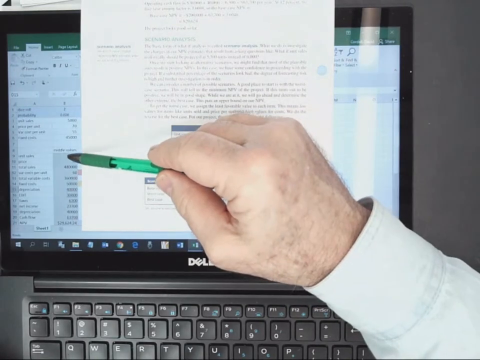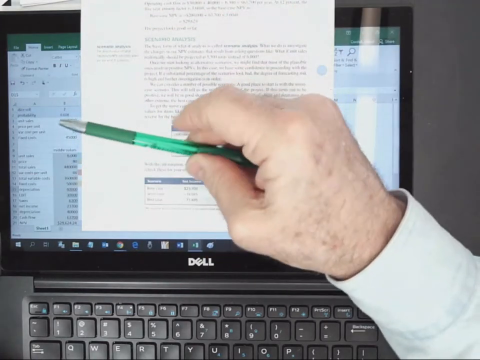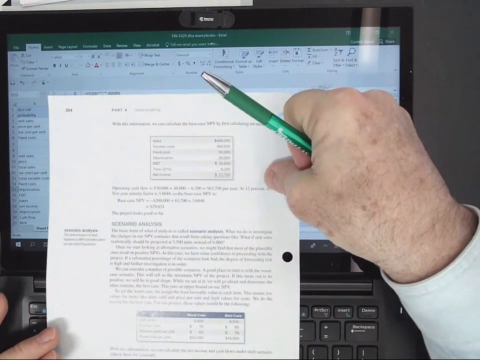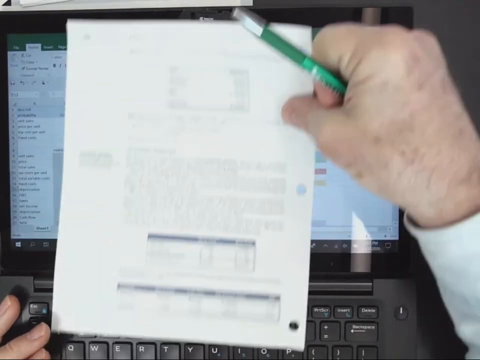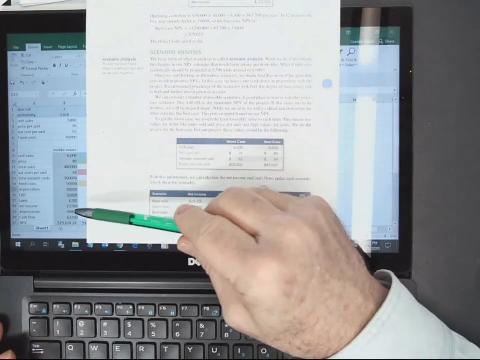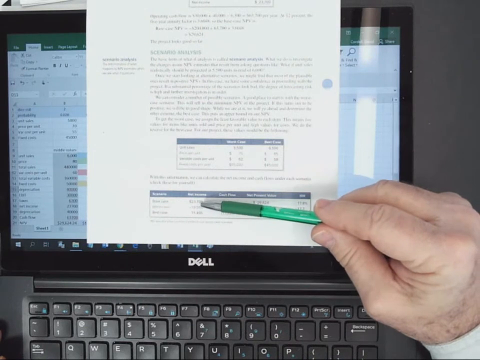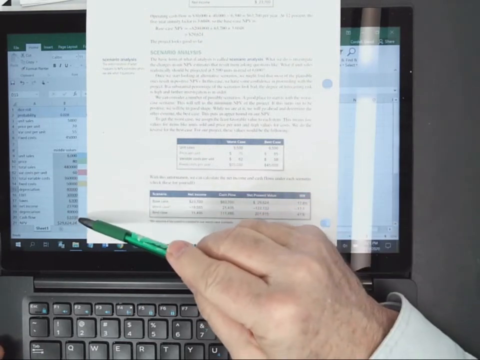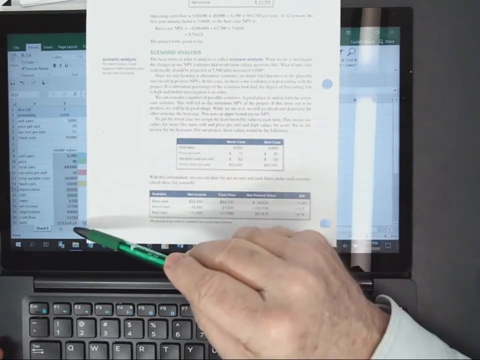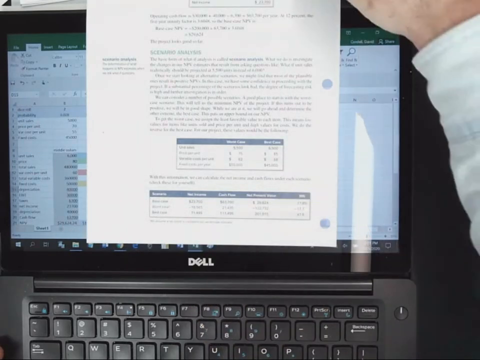What I'm showing here is the whole little balance income statement, just as they did at the top of page 354. You see that net income is 23,700, which is what it shows here, and cash flow is 63,700, and NPV is 29,624, which is what it shows here.